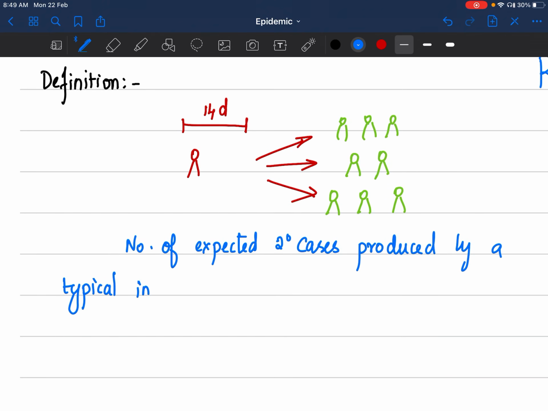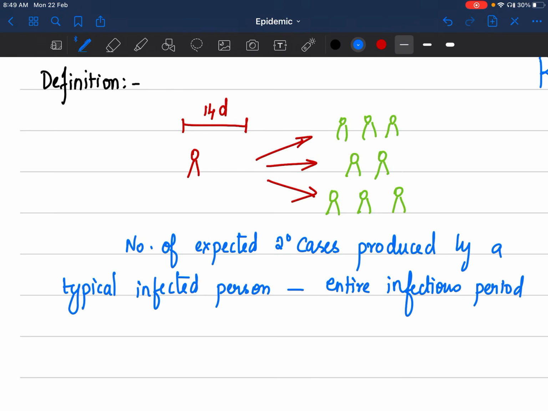A typical infected person during their entire infectious period in a population of susceptible individuals only. They do not have immunity through natural infection or vaccination. So this is a very idealized scenario. This does not happen in reality.